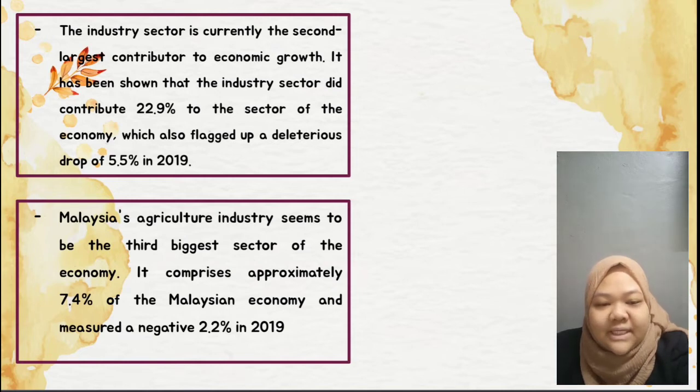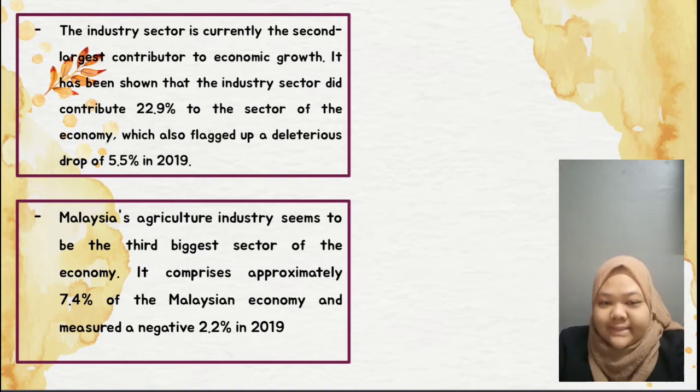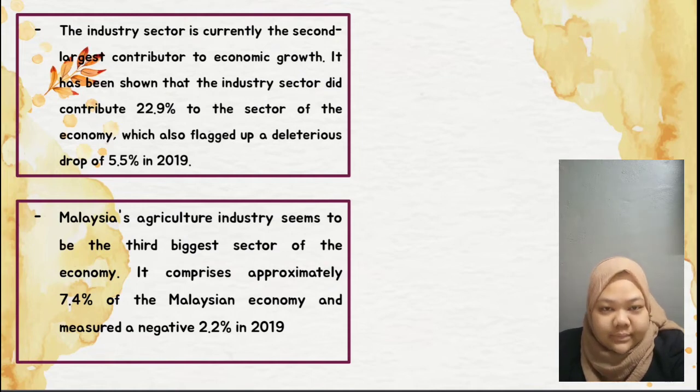It was significantly affected by a decrease in refined fuels, chemicals, non-metals, mineral products, basic steel, fabricated metal, and automobile transportation equipment. As we can see, Malaysia's agriculture industry seems to be the third biggest sector of the economy.